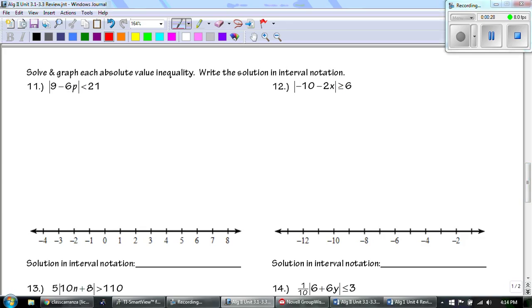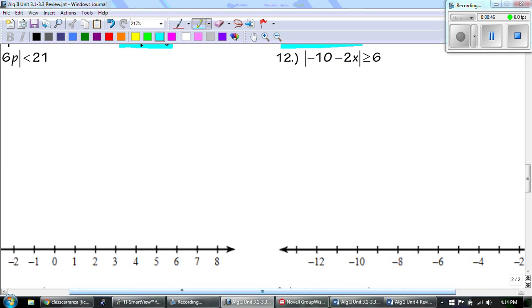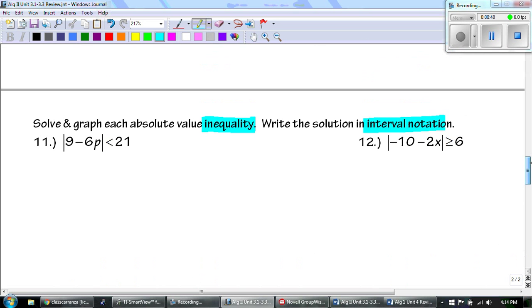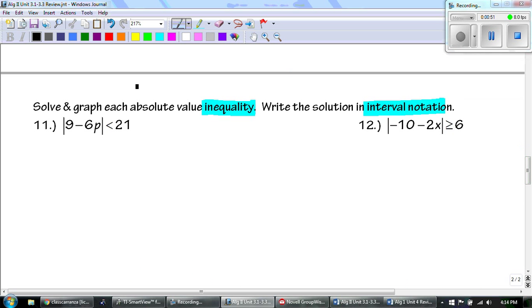Alright, video number 2. On this side, we have to solve and graph each absolute value inequality, and write the solution in interval notation. On the other side, we were dealing with just equations, but now we have inequalities. Remember, if we used less than or equal to, we would change that to an and, because it was less than.